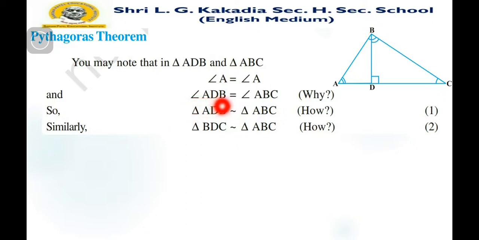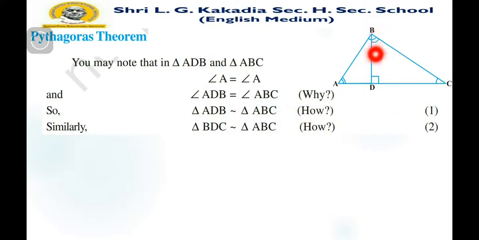Angle ADB is 90, and angle ABC is also 90, so both are equal. So by the AA criterion, triangle ADB is similar to triangle ABC.